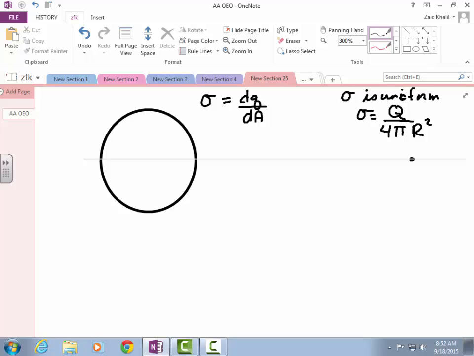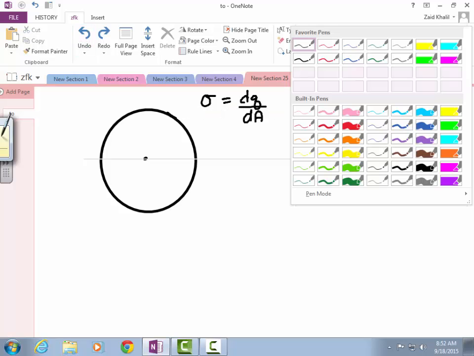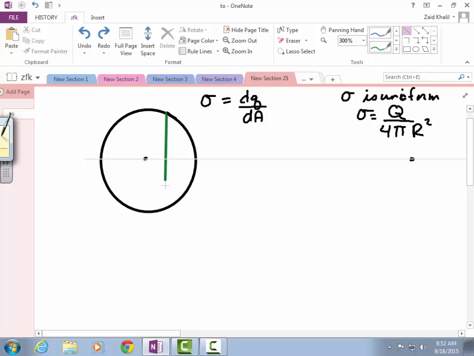All right, I guess the best way to do this is to take some slice of this thing. So here's the center. What I'm going to do is take some slice. Okay, I'm going to just freehand this.